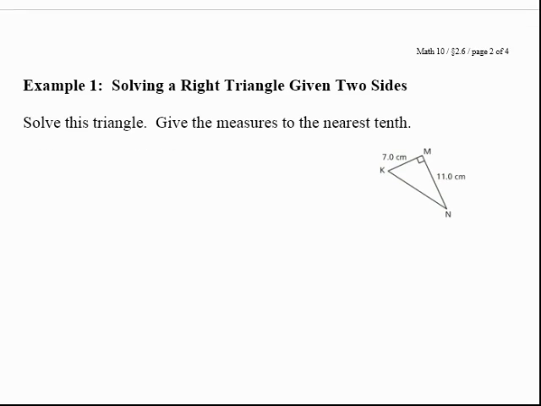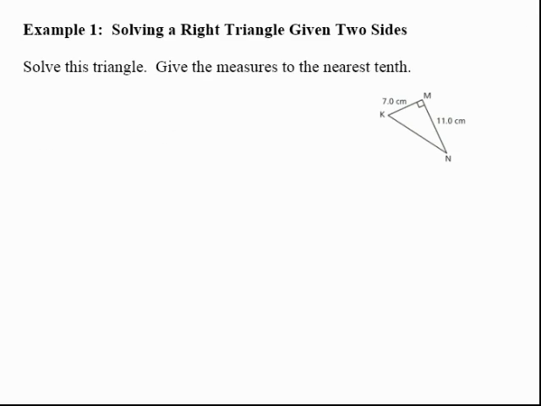So solve this triangle. To solve this triangle, when I'm finished, I will have angle K, angle M, angle N, and I will also have a value for side K, side M, and side N. Right now, this is side N, this is side M, and this is side K, because remember we labeled them with the letter of the vertex at their opposites.